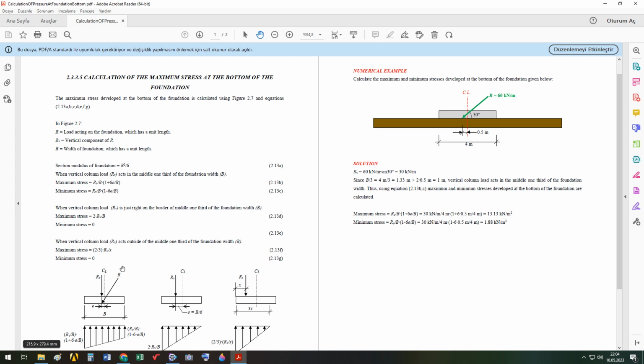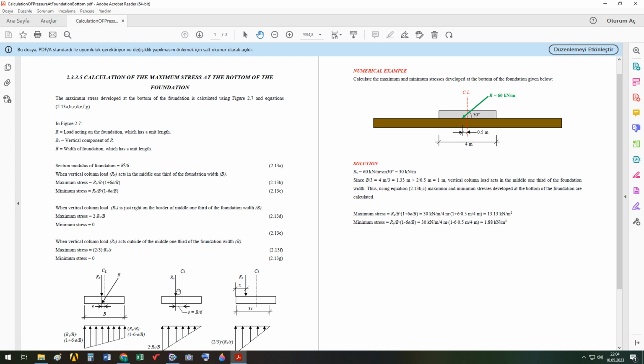If the vertical component of R acts in the middle third portion of the foundation width, we use these formulas to calculate the maximum and minimum stresses developed at the bottom of the foundation.